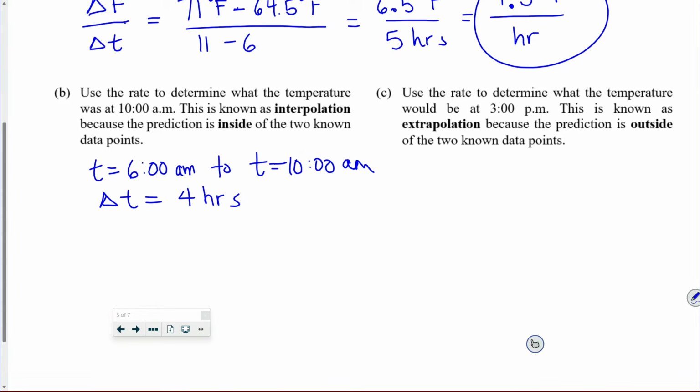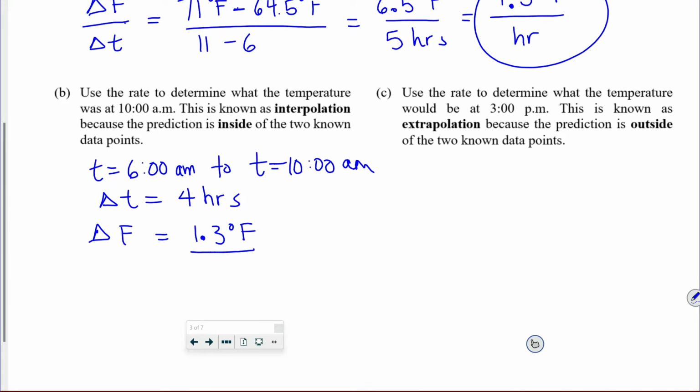So what I'd like to do is figure out what my change in temperature is. The change in F at this point is going to be 1.3 degrees Fahrenheit per hour times that 4 hours. And that's going to give me a change in temperature.